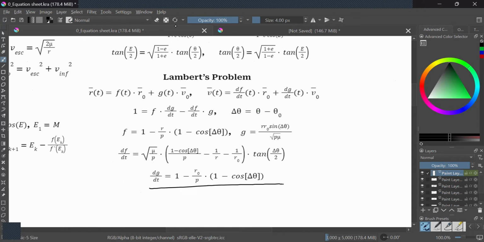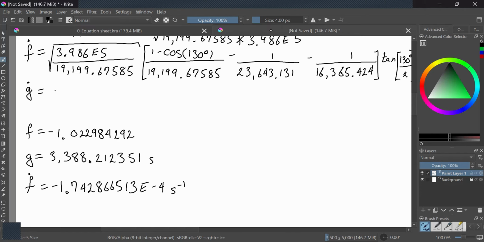For now, after all that, we now have g dot, which is pretty straightforward. It's the exact same as f, only with r naught instead of r. So let me write this over. For p, 1 minus the cosine of delta theta.